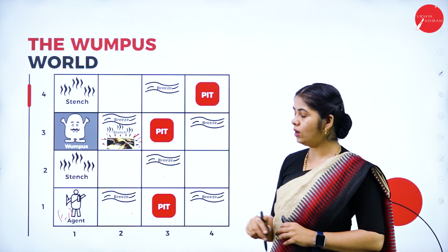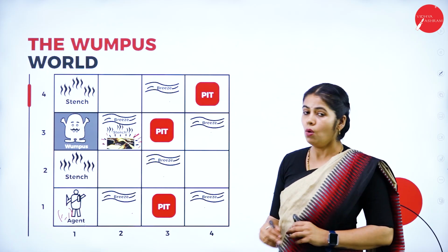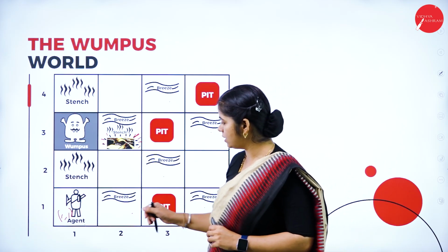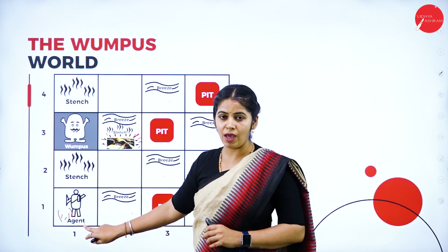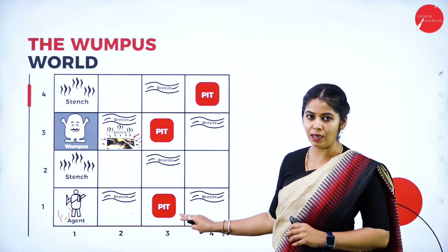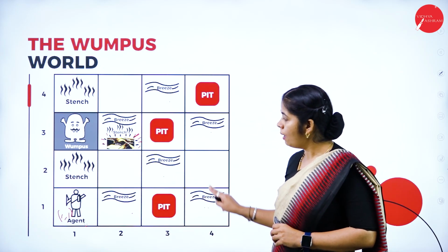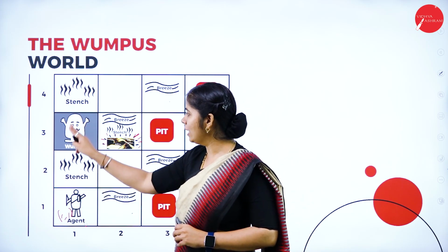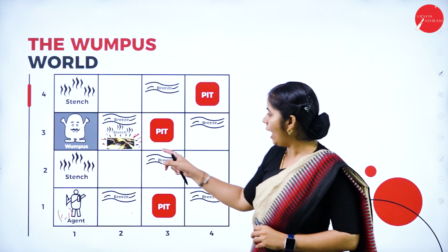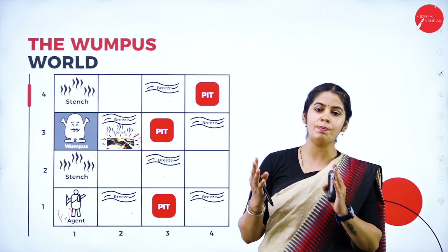This is the Wumpus world problem. Here we have a pit, and the cells adjacent to the pit will have a breeze. The knowledge that we are providing to the agent is the same: wherever there is a pit, the adjacent rooms will have the breeze smell, wherever there is a Wumpus, the adjacent rooms will have the stench smell, and wherever the gold is present, you will find the glitter near that particular room.